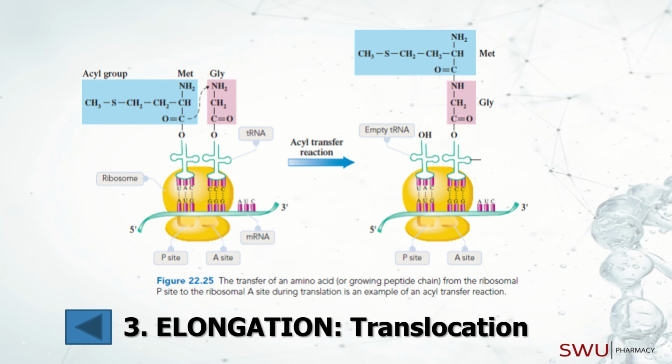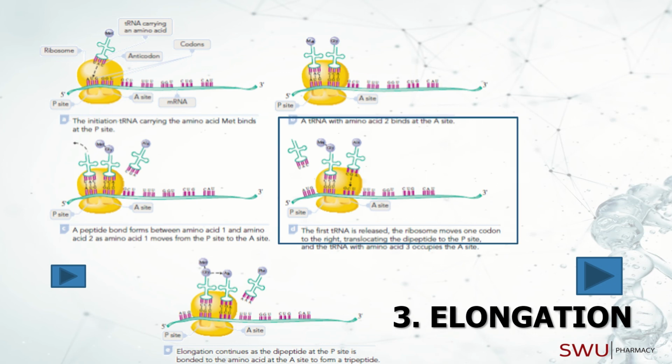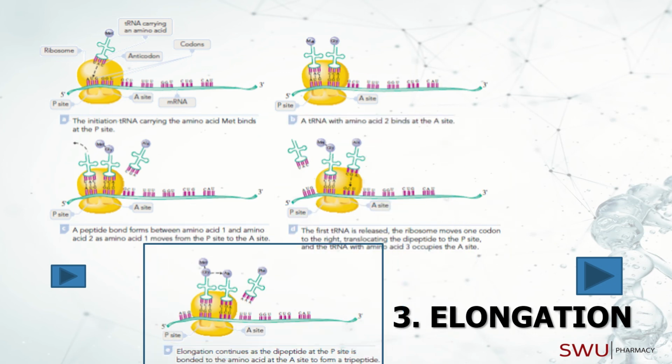The new amino acid links to the first two, and this process continues all the way down the mRNA. As the tRNAs enter and exit the ribosome in a sequence dictated by the codons on the mRNA, a polypeptide chain will grow. This continues until a stop codon is reached.